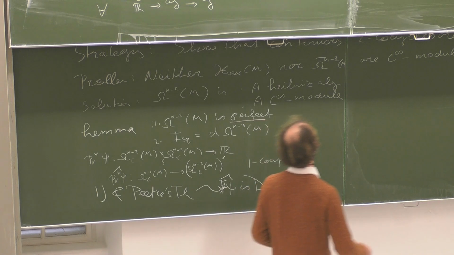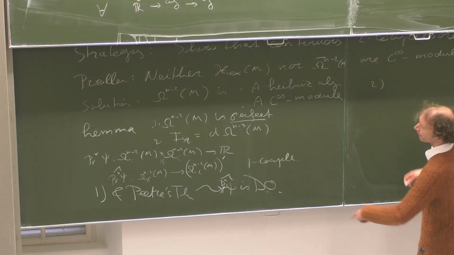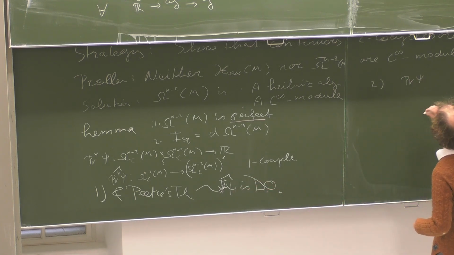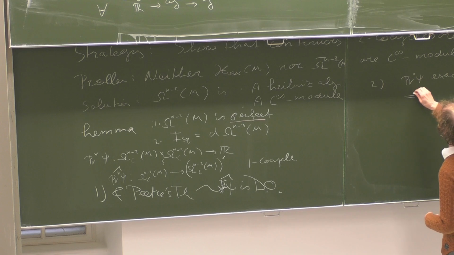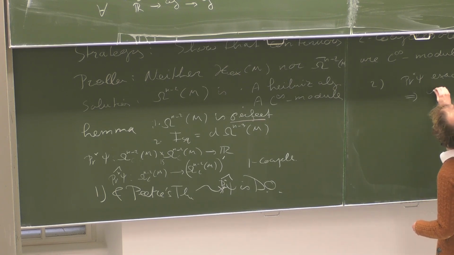The second idea here is that you can prove that if this one is exact, and using the fact that d of omega n minus 2 is the ideal of squares, you can prove that psi itself factors through omega bar.